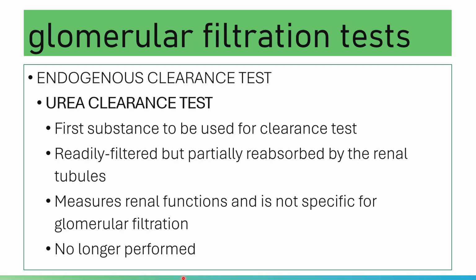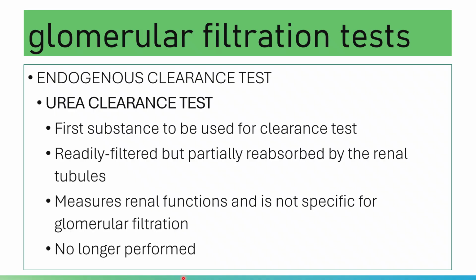Because urea actually is a byproduct of protein metabolism. So, meaning if there is an increased protein in the diet, it will cause an increased level of plasma urea. Because again, the source of urea is your protein.